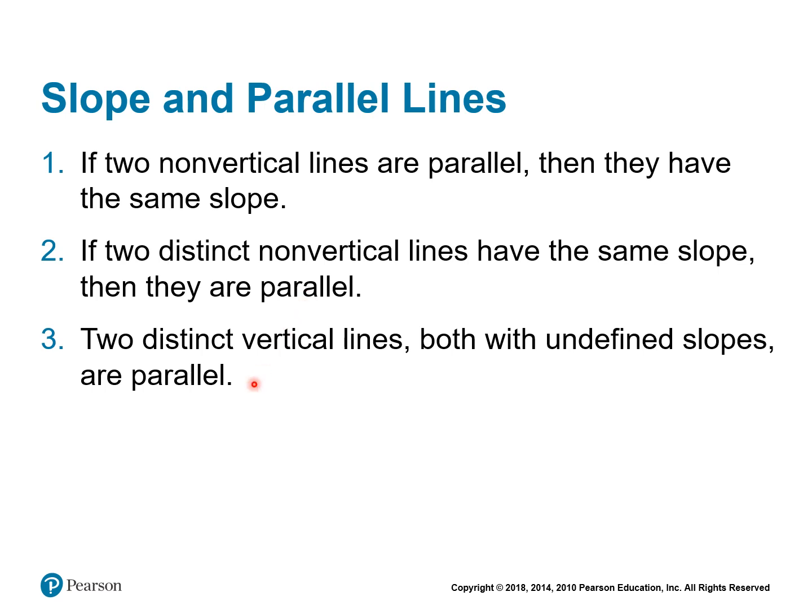All right. Number 3 says two distinct vertical lines, both with undefined slopes, are parallel. So we can have vertical lines too, but vertical lines, keep in mind, their slopes are undefined.